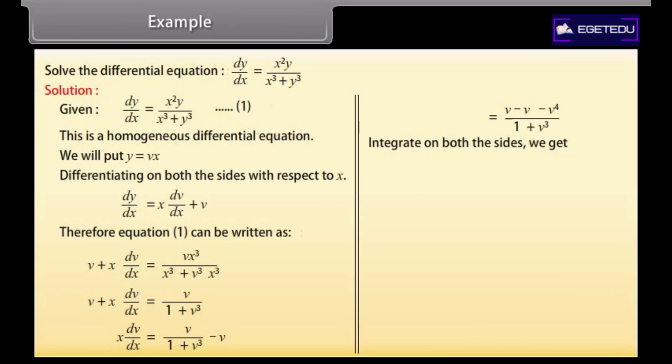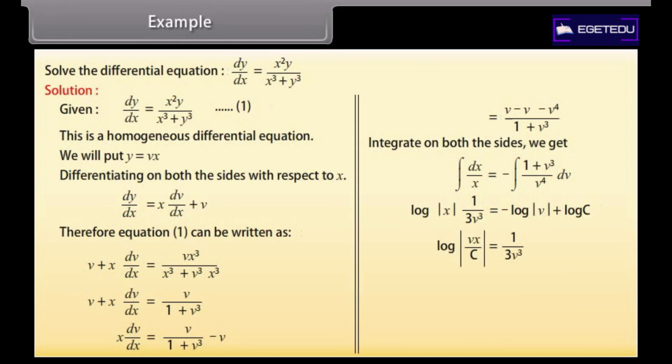Integrate on both the sides, we get integral of 1 by x with respect to x equals minus integral of (1 plus v cube) by v raised to the power 4 with respect to v. Log of mod x equals 1 by 3v cube minus log of mod v plus log c. Log of mod (vx by c) equals 1 by 3v cube.